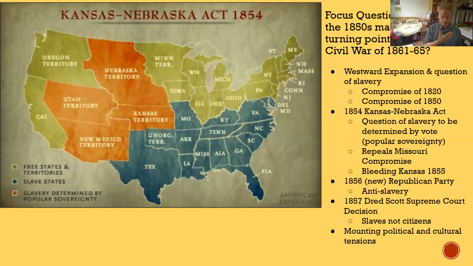And we concluded also that the Compromise of 1850 temporarily calmed things down, but it also planted the seeds for further tensions. For example, one of the outcomes of that compromise was the Fugitive Slave Law, which allowed Southerners to force Northerners to return slaves that had escaped to the North, using the Underground Railroad, for example.